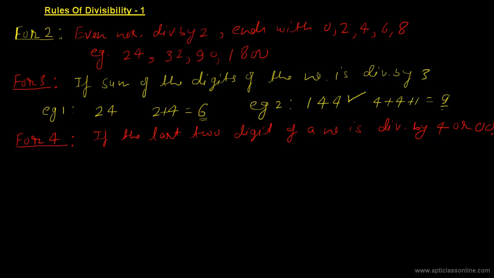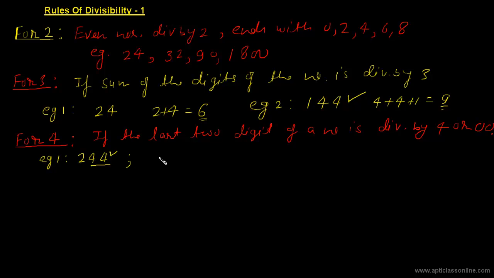For example, we can see like 244. Let's see the last two digits of 244, which is 44. Since 44 is divisible by 4, this number 244 will also be divisible by 4.